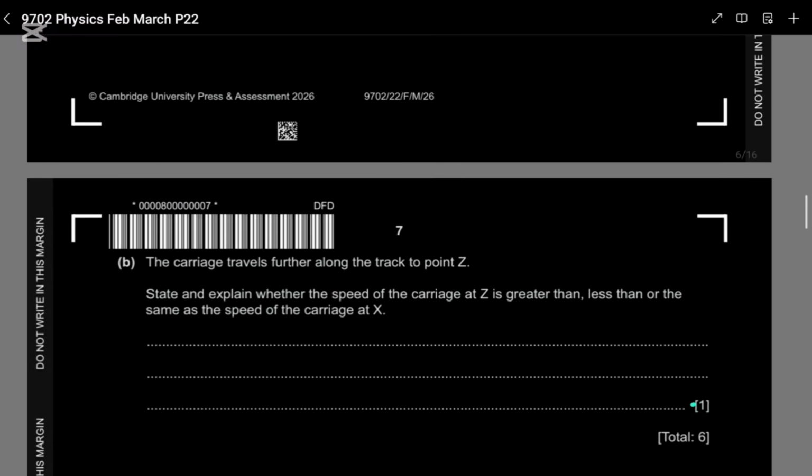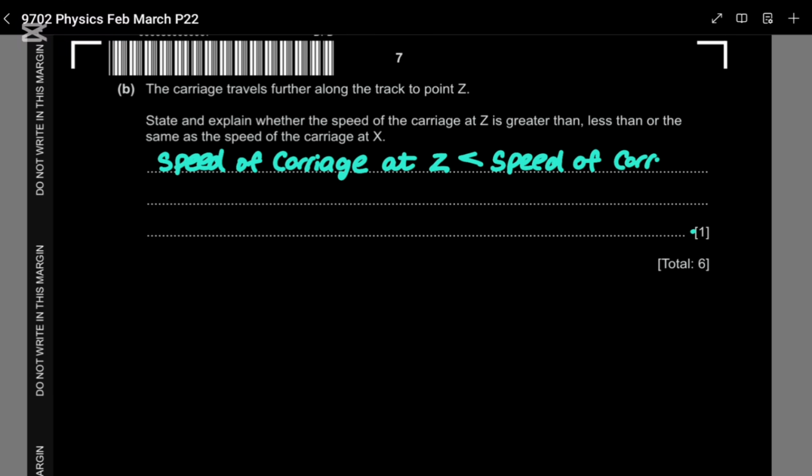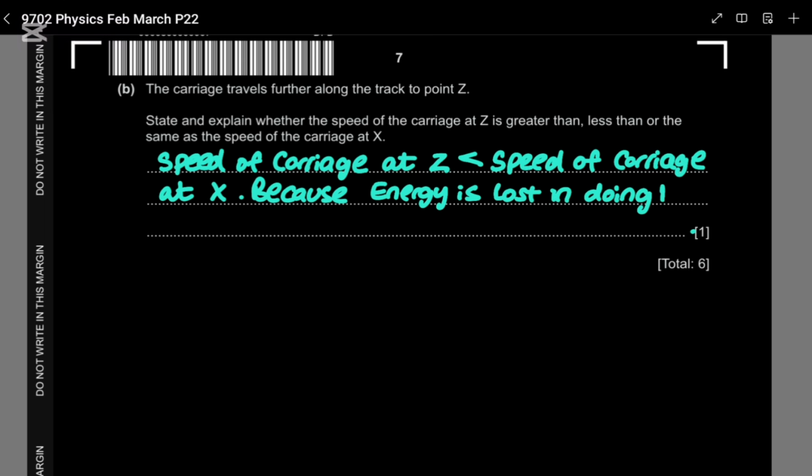So what we will have to write over here is: speed of carriage at Z is less than speed of carriage at X, because energy is lost in doing work against resistance.